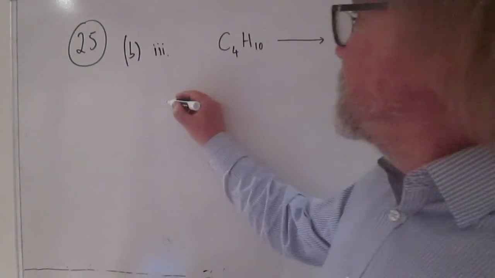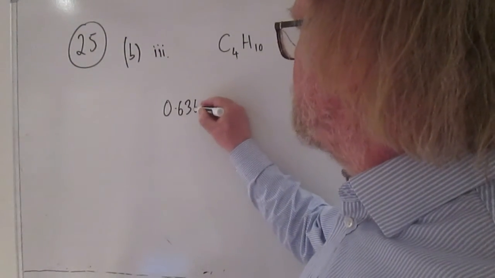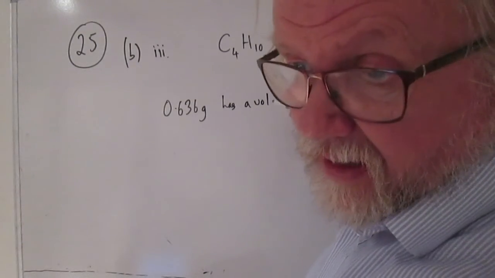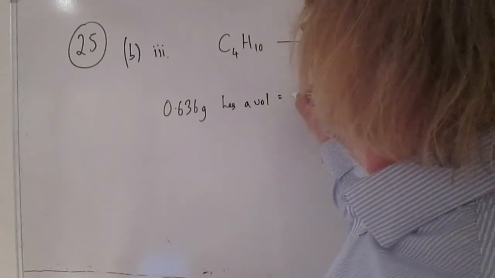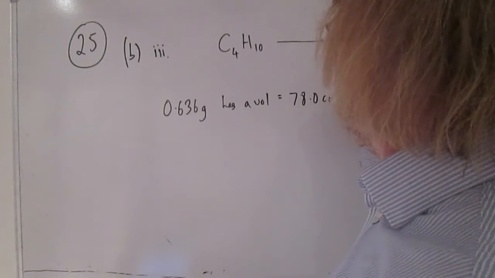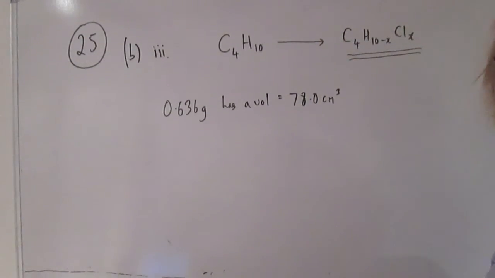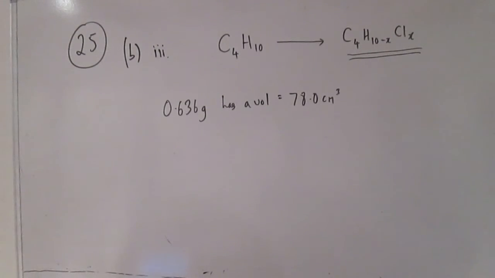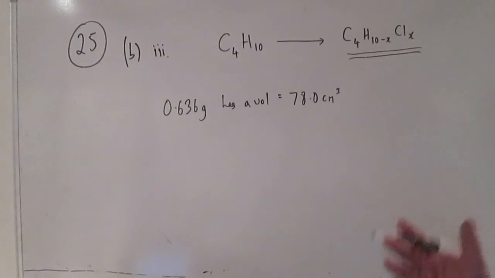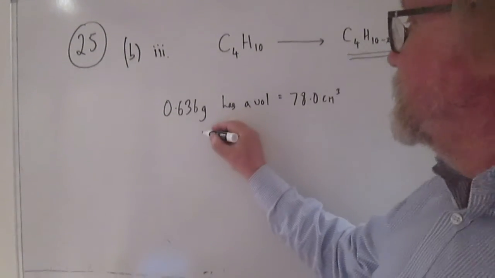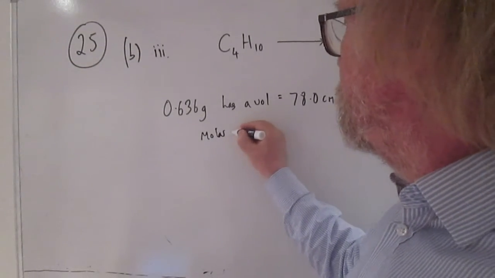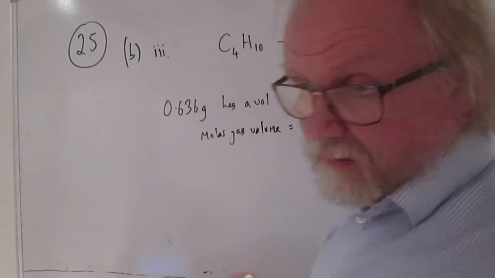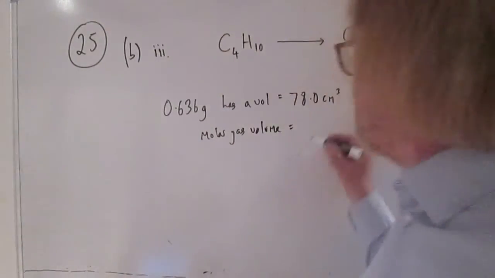So the first thing is that it tells us that 0.636 grams has a volume equal to 78.0 cm cubed, but not at room temperature and pressure. So you can't use 24 because it doesn't say room temperature and pressure. But you don't use the ideal gas equation either because you haven't got all the details for that. What you've got is that under these conditions, the molar gas volume is not 24.0 dm cubed, but instead is 32.5 dm cubed.